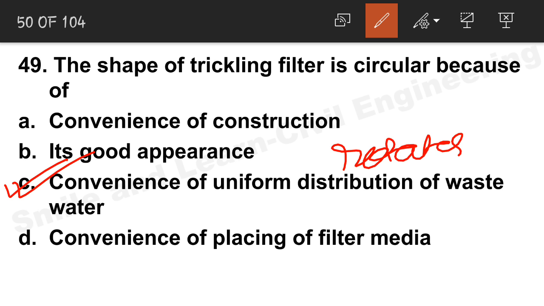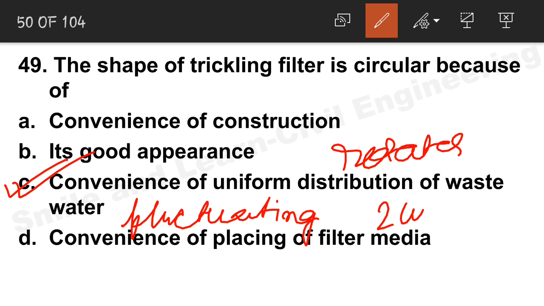And it always has fluctuating demands. In order to meet these fluctuating demands, it has four arms. Okay, in case of lower flow, 2 arms are used, and in case of high flow, the remaining 2 arms are used, in case of high flow or peak flow.